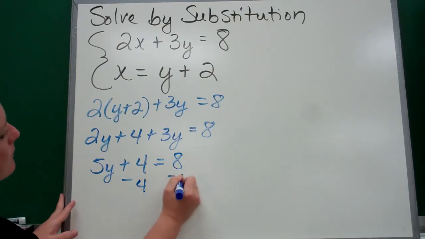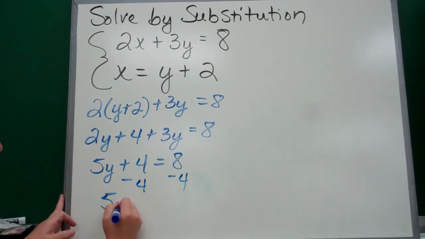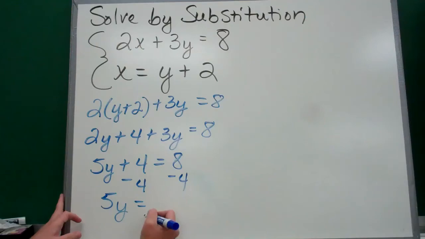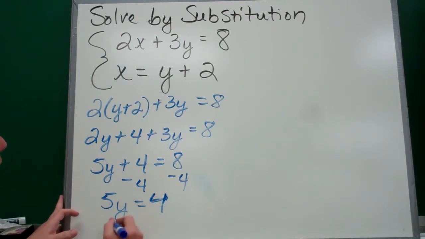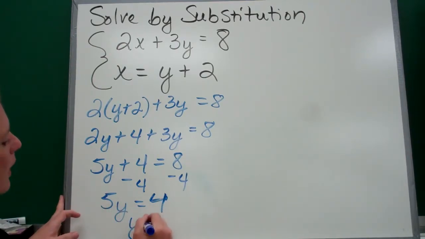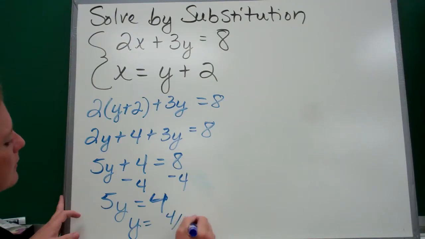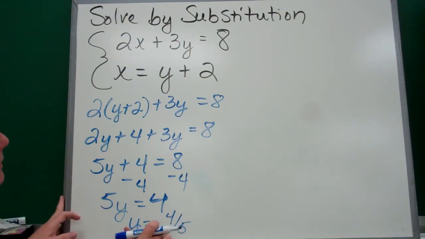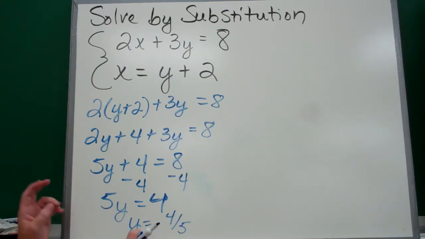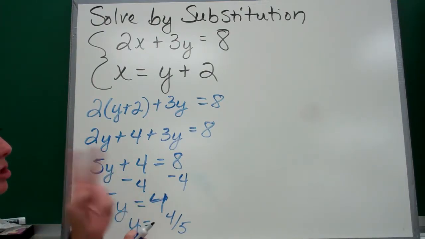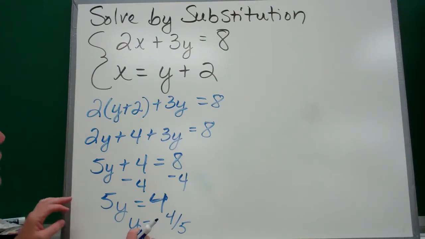Subtract 4. 5y equals 4. Divide by 5. y equals 4/5. Now I'm going to take this and plug it into my other equation to solve for x, because you have two solutions. Two equations, two variables, two solutions.